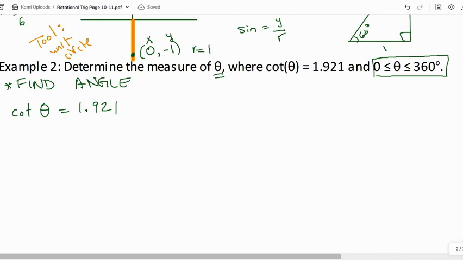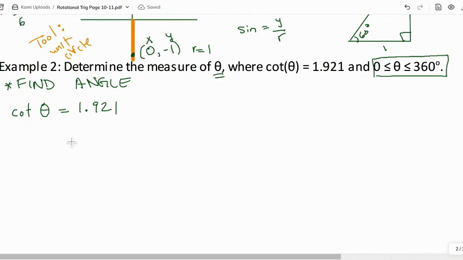So here's a quick question. Everyone, CTB. How many angles will I have? This can be really quick. How many? Why do I have 2? Cotangent is positive in 2 quadrants. And we're going once around, right? Quick like that. 2, 4, 6.